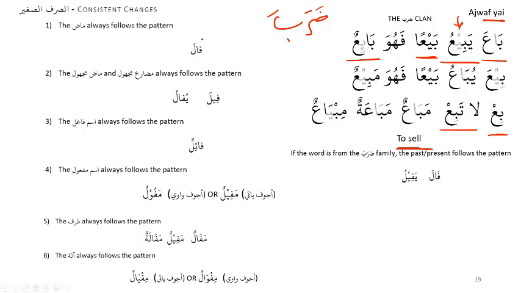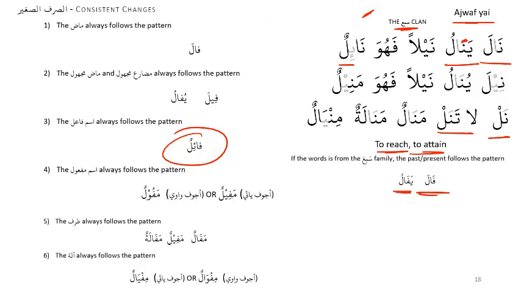Okay, so we've applied. Arif, I just had a question. Yeah. In the previous slide, where we're saying it's from Bab Sami'a, I was wondering why do we call it Sami'a and not Bab Fataha? Because it's not clear whether in the mazi you have a kasra in the ain letter. In what?